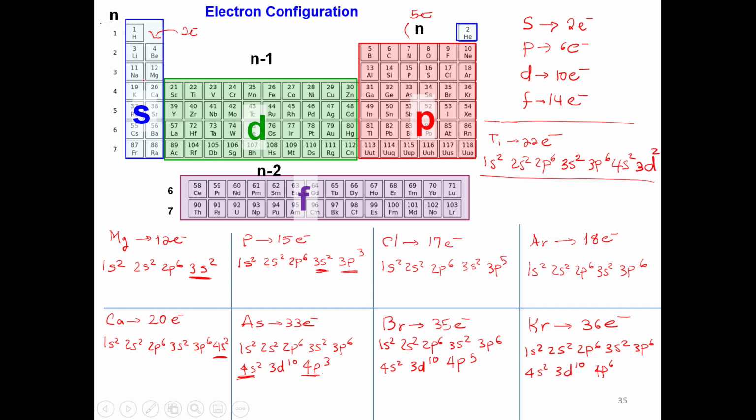And you see, if we focus, this is a little complex group. We will focus on this too. All the elements in this column had 1 electron in the last shell. All the elements in this column had 2 electrons in the last shell. All the elements in this column, 3 electrons. All the elements in this column, 4 electrons. All these elements had 5 electrons in the last shell.